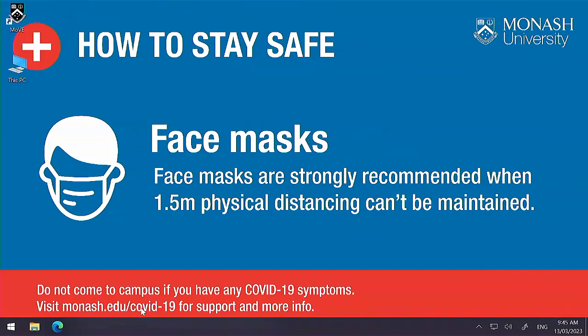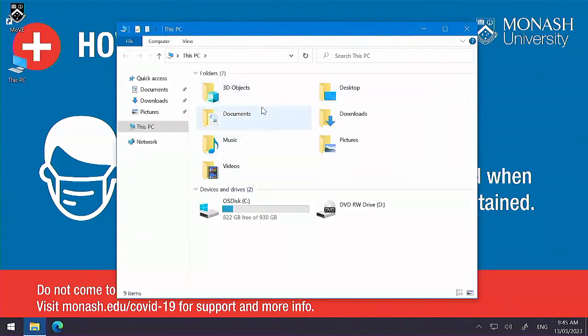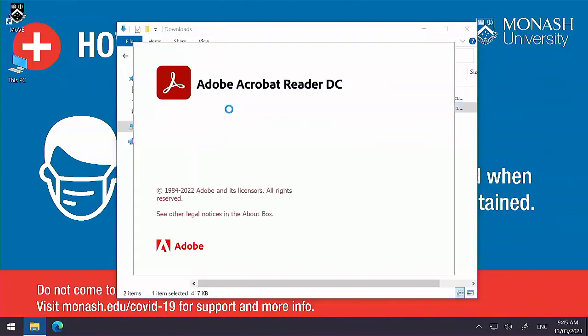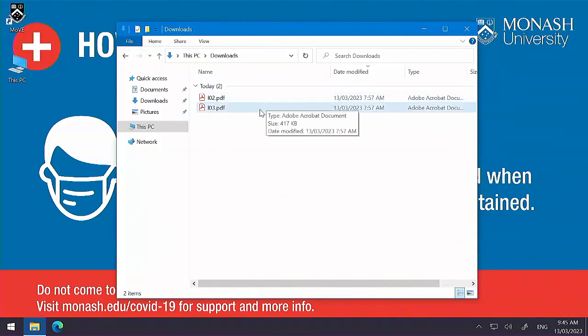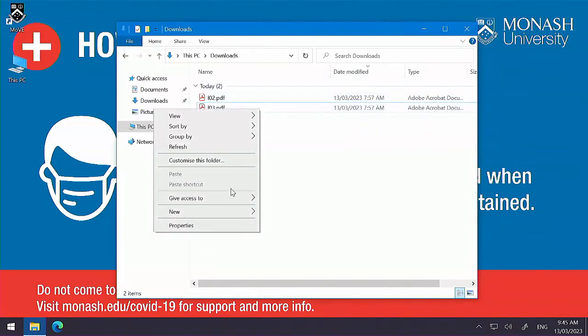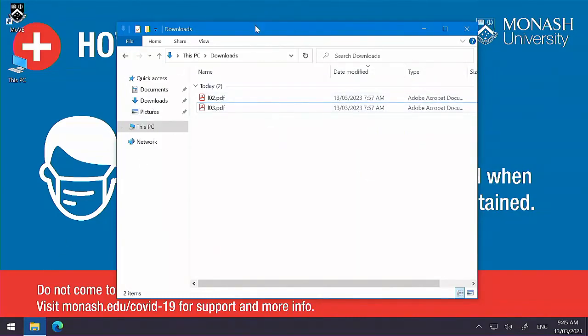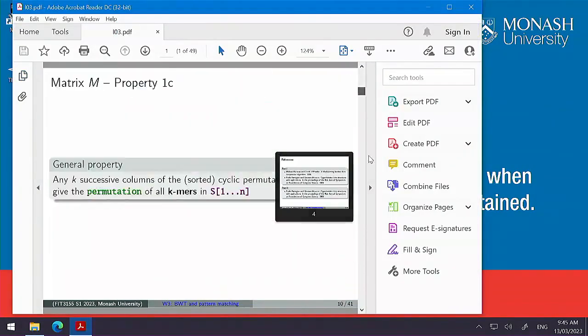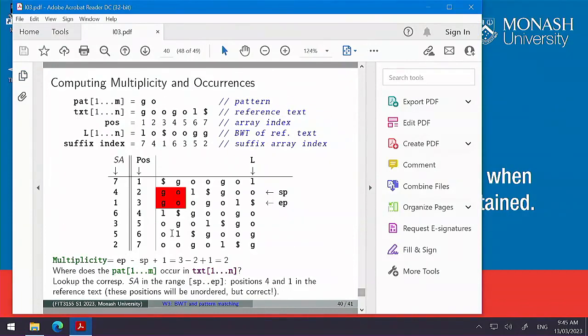Let's go to the very last slide. What you have is a start point, an end point, and these pointers.